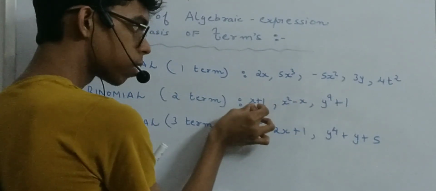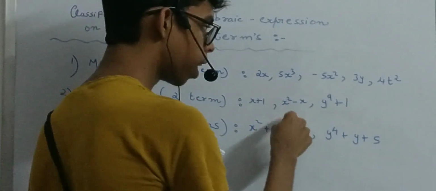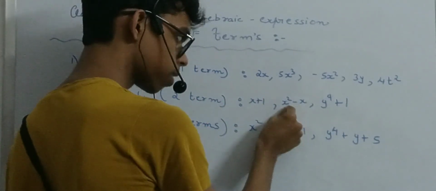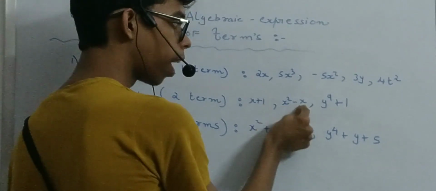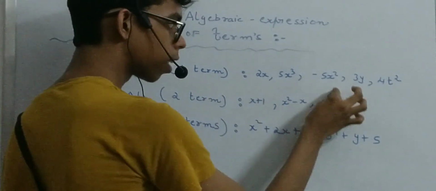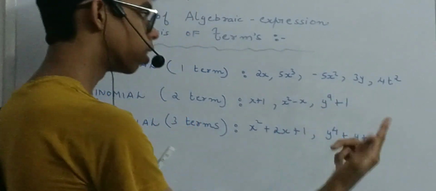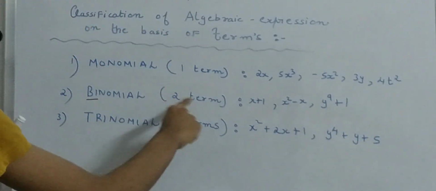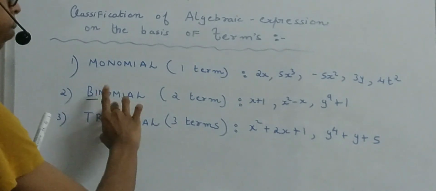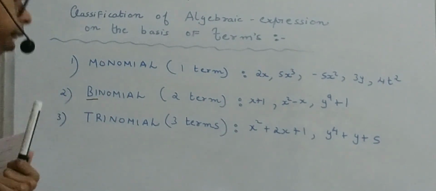Here x is the first term, 1 is the second. X square is one term, minus x is the second term. Y raised to 9 is one term, 1 is another term. If there are two terms in the algebraic expression, we call it a binomial.